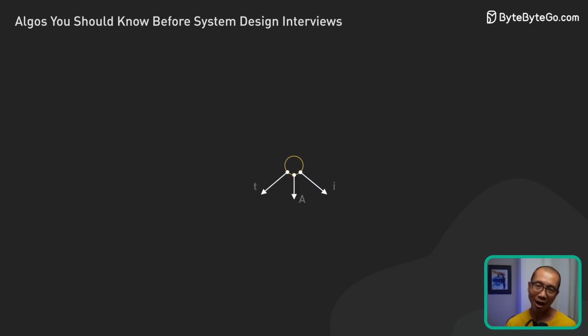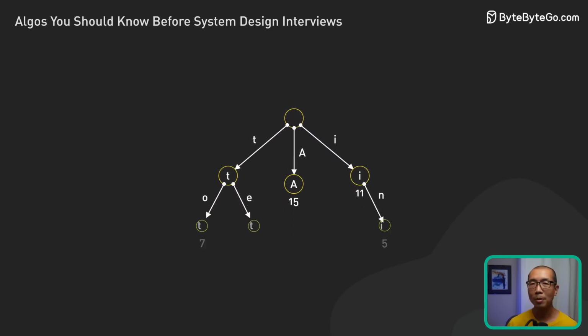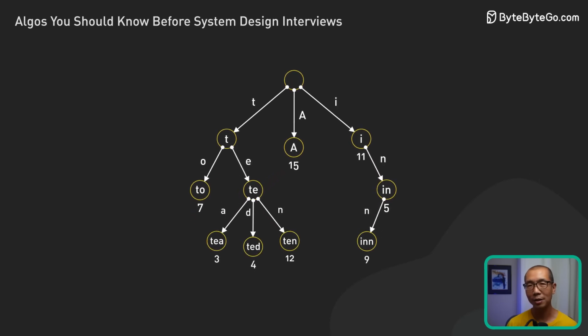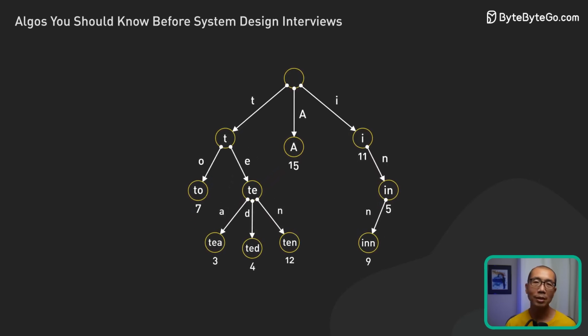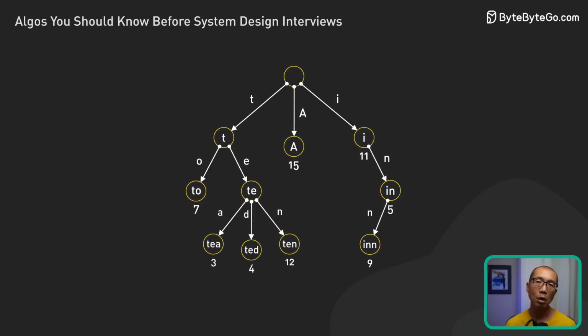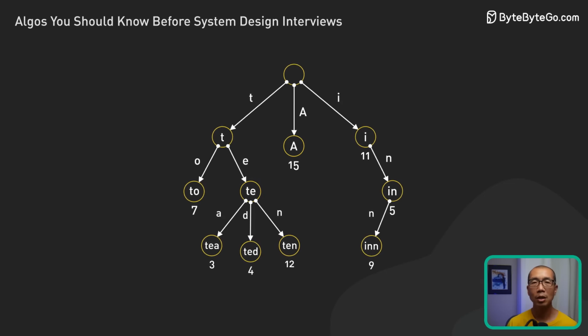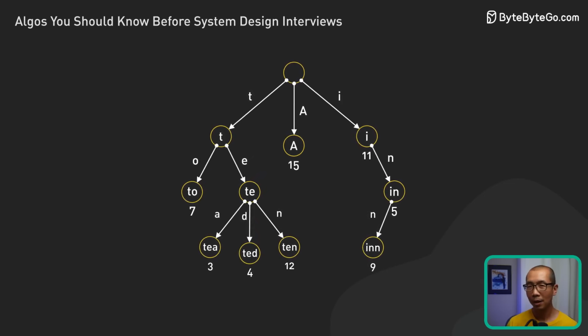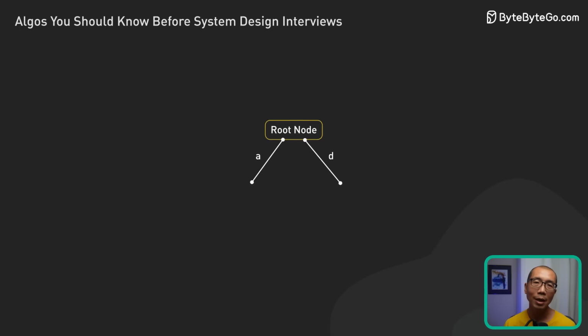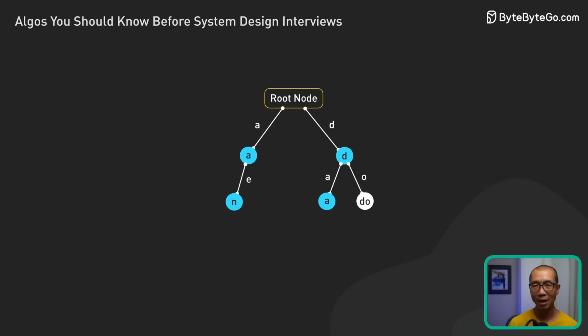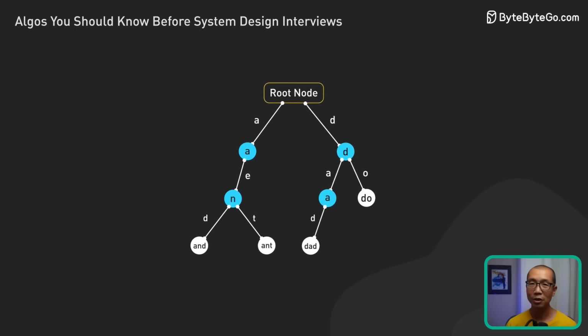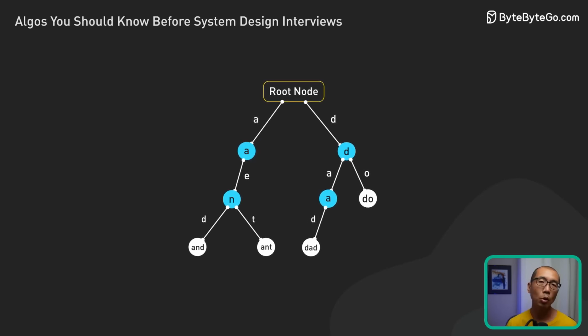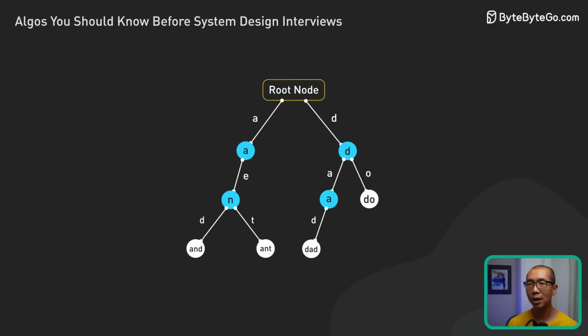Next up, tries, a tree structure optimized for storing strings and prefixes. Each node represents a common prefix, with nodes sharing prefixes using the same subtree. The real power of tries lies in fast lookup speed. Searches are super efficient. Imagine searching for a word or a prefix in a large dataset.